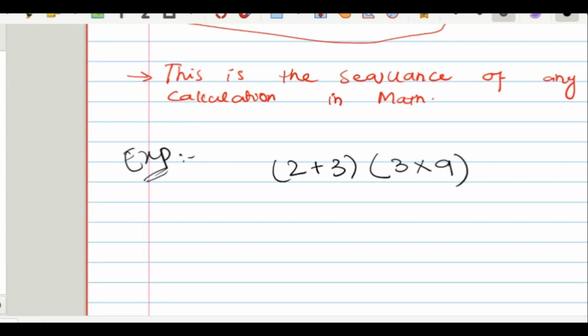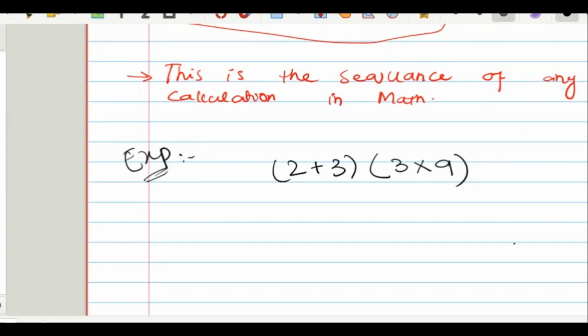Can you read again the sentence that you wrote? Okay, I am reading it: this is the sequence of any calculation in mathematics. Exactly.